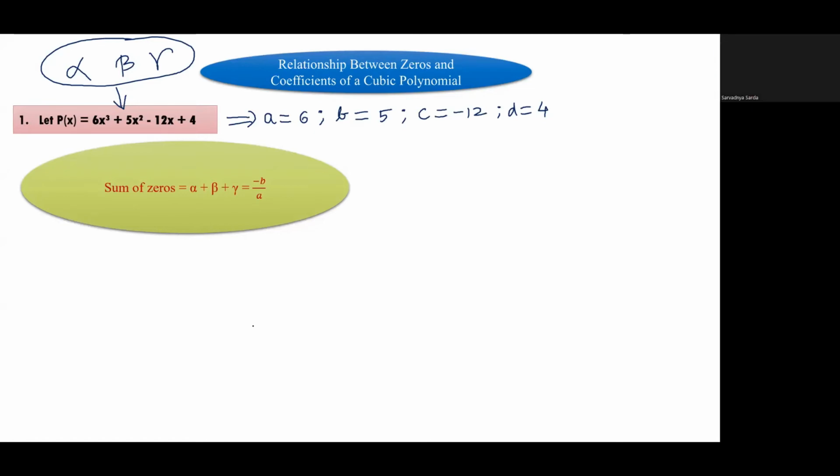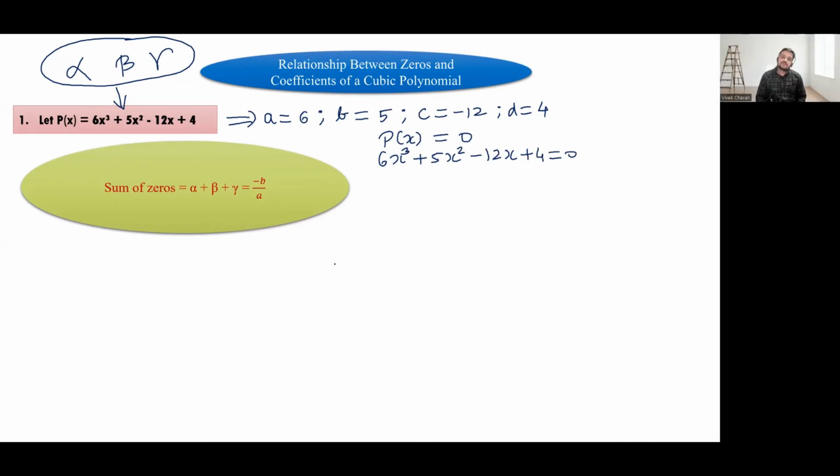Yes, sir. We will begin by equating the polynomial to 0, p of x is equal to 0, because we want zeros. Next, by the hit and trial method, we will find the value of x. That x will be our first root.